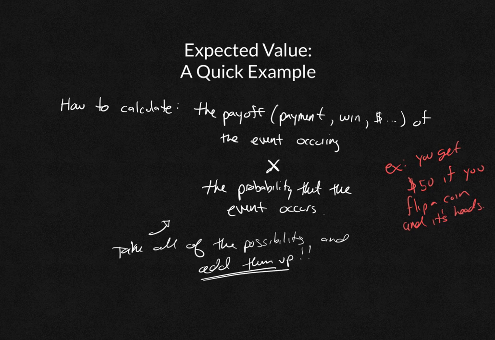You're going to calculate expected value by taking, for whatever the events are, the probability of that event times the payoff, and adding them up. If you're looking for something for a flashcard, for expected value calculations, you take the probability times the payoff, and add it up for all of the different possibilities.